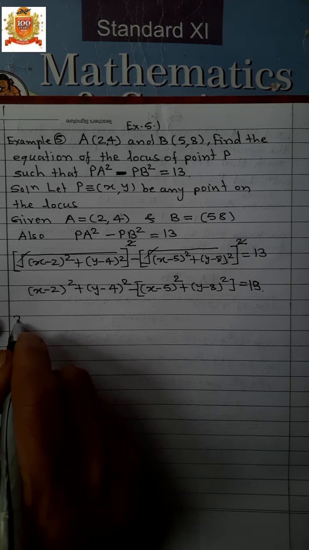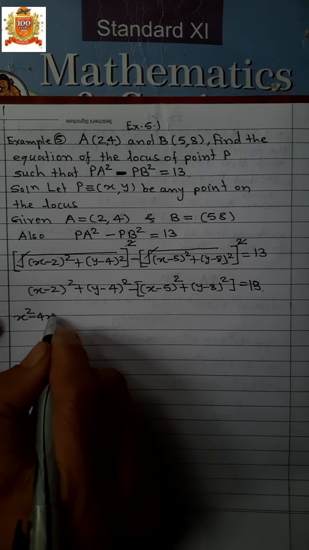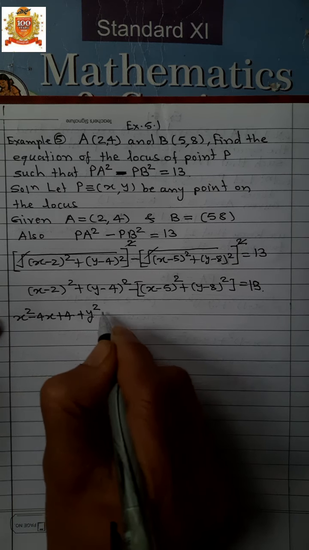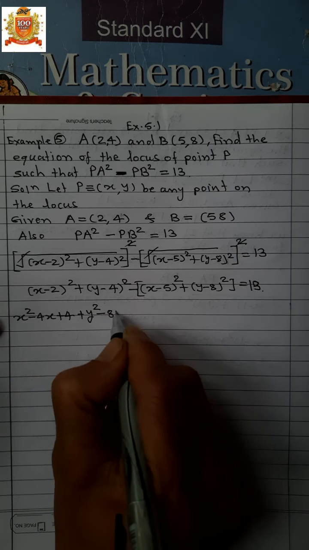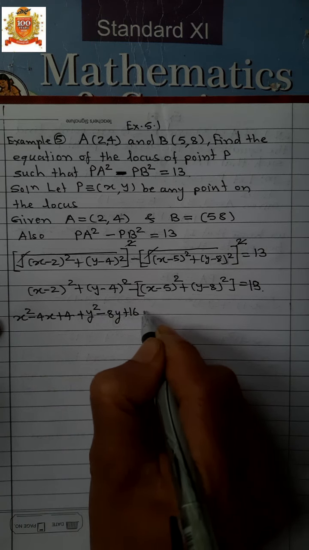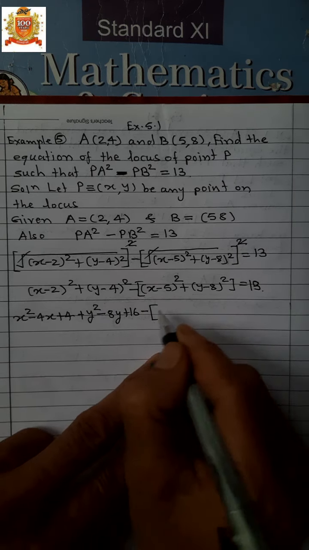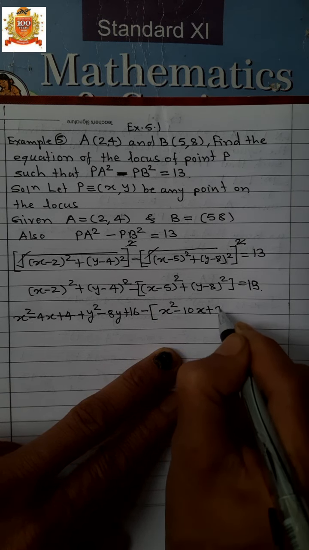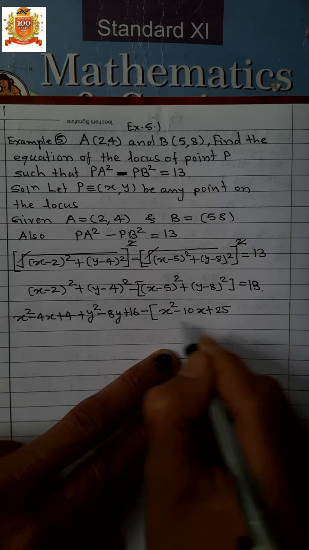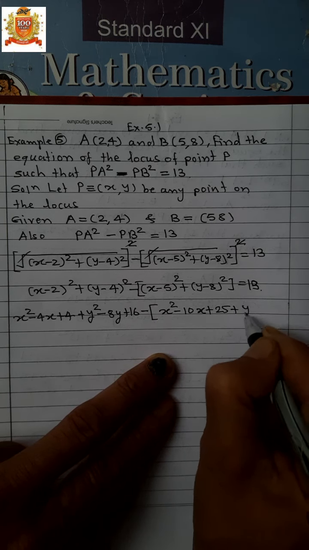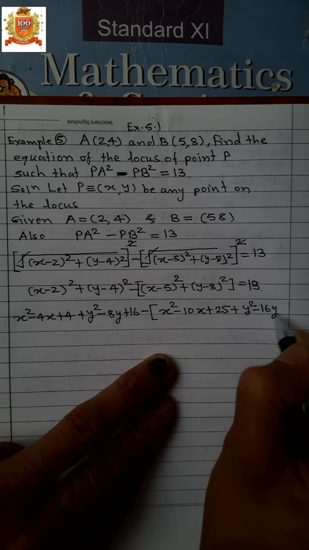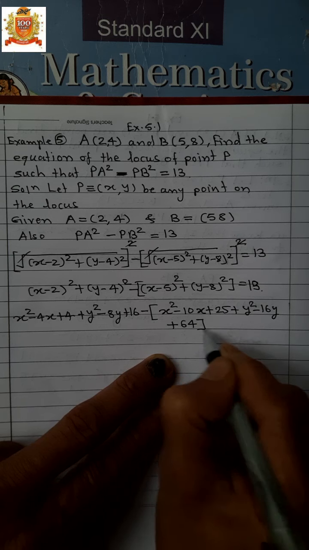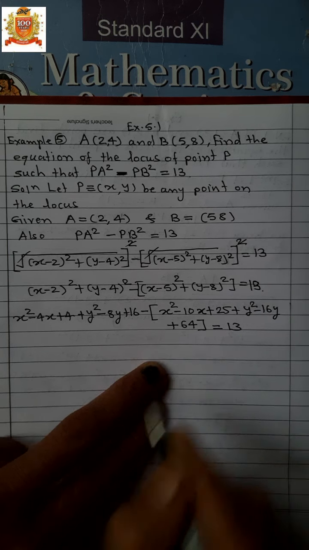Now do the square. x square minus 4x plus 4 plus y square minus 8y plus 16 minus, in bracket, x square minus 10x plus 25 plus y square minus 16y plus 64 is equal to 13.